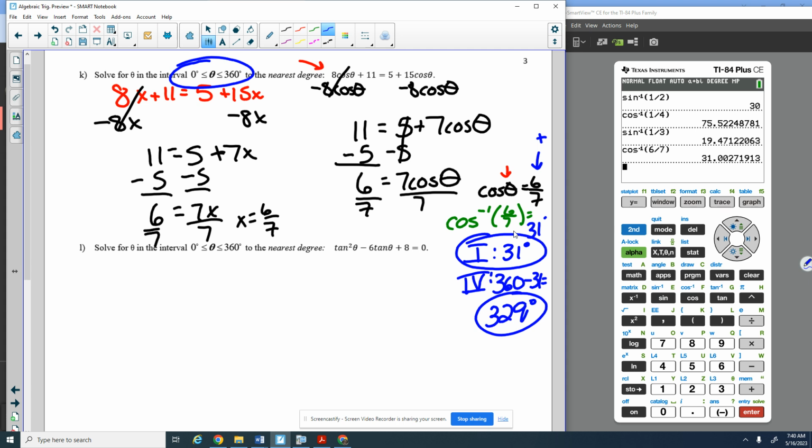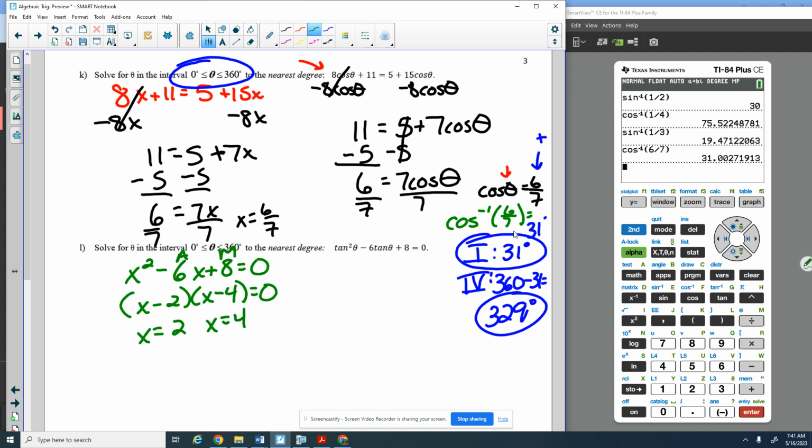Our last one, once again, just to preview, is a quadratic trig equation. So if I think about this with regular variables, x squared minus 6x plus 8 equals 0, I would find numbers that add up to -6 and multiply to 8. So that would be -2 and -4. And when we solve, we get 2 and 4.